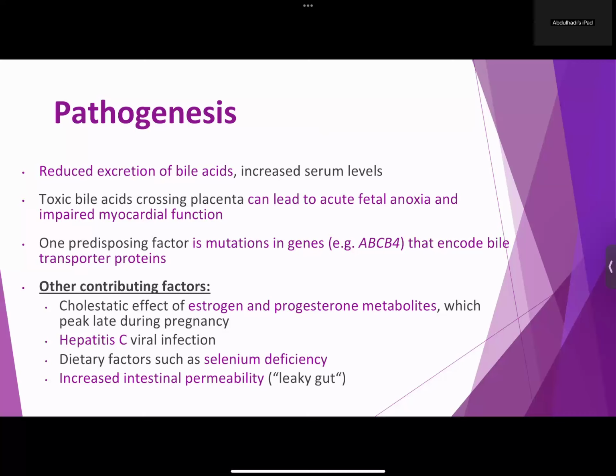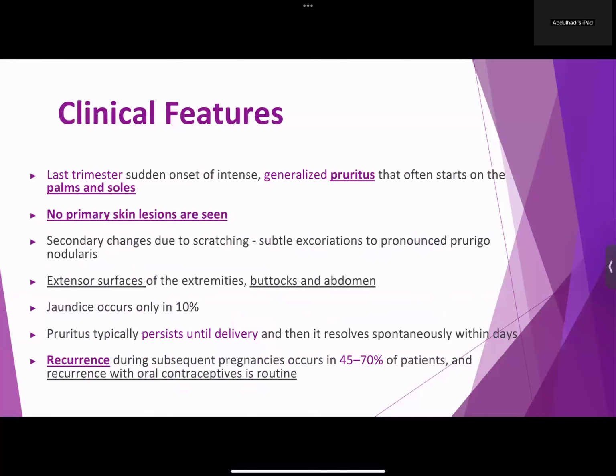But in general, I don't think they will ask you about it in the exam unless they're very up to date. But remember the important things, which is the stillbirth, harmful risk on the baby. There are other contributing factors that can also increase the risk, such as a superinfection with viral hepatitis C, selenium deficiency, and increased intestinal permeability, which is also known as leaky gut.